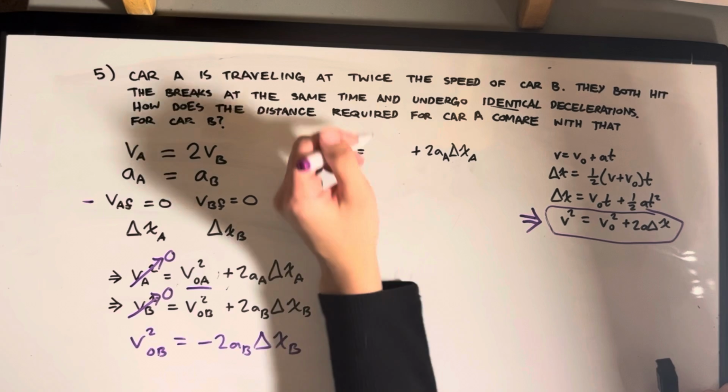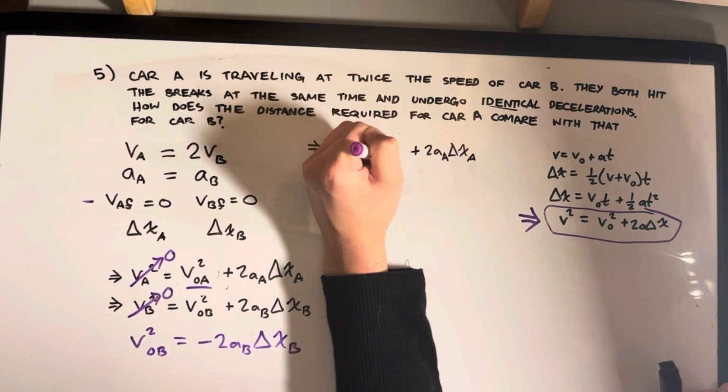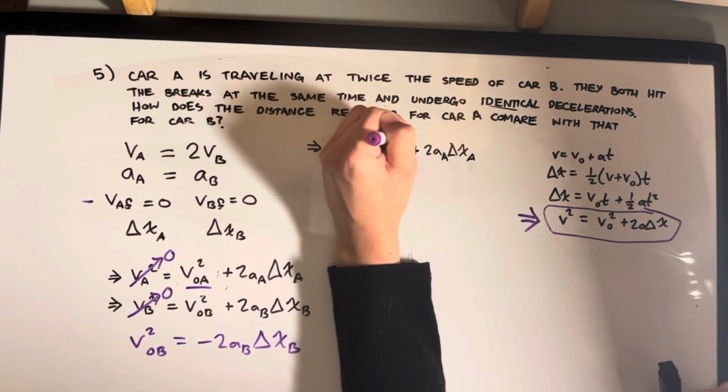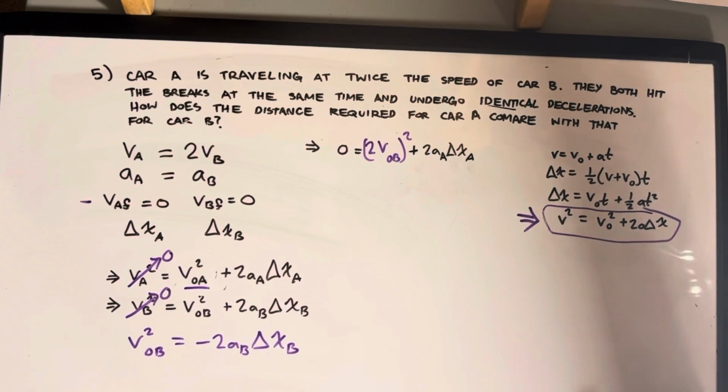So we can say 2 times our initial velocity for car B, because, again, our velocity for car A is twice the speed.